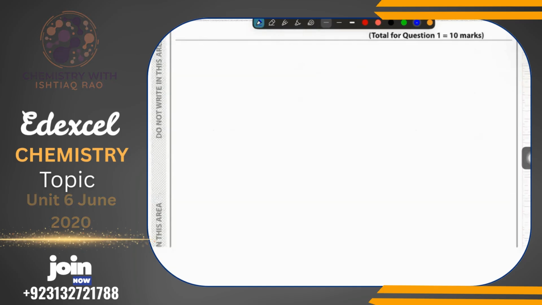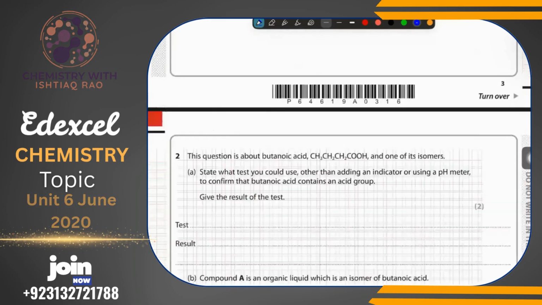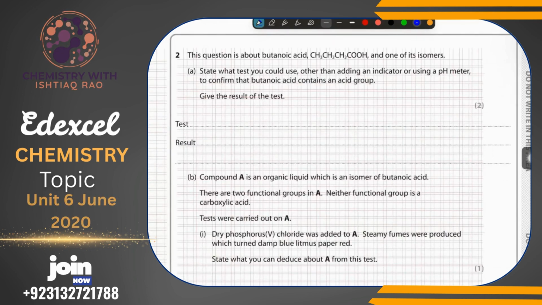This question is about butanoic acid and one of its isomers. State what test you could use, other than adding an indicator or using a pH meter, to confirm that butanoic acid is present. That's an acid. Sorry, PCl5, that's no, my bad.